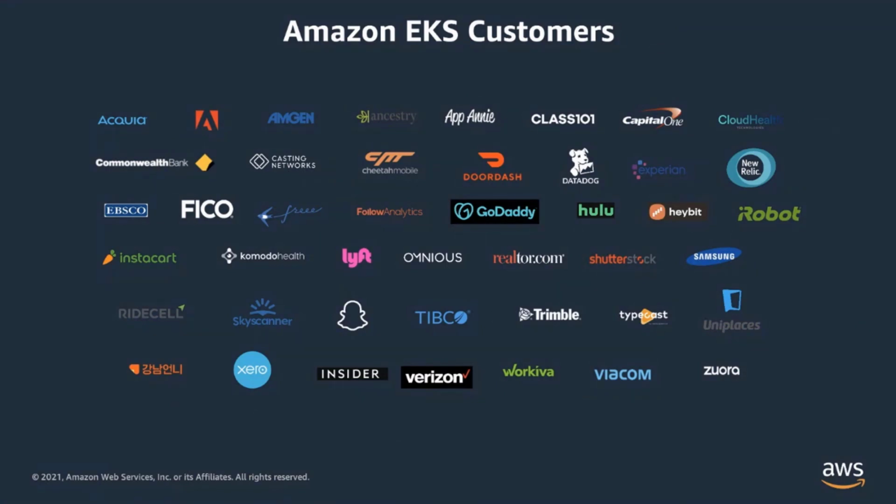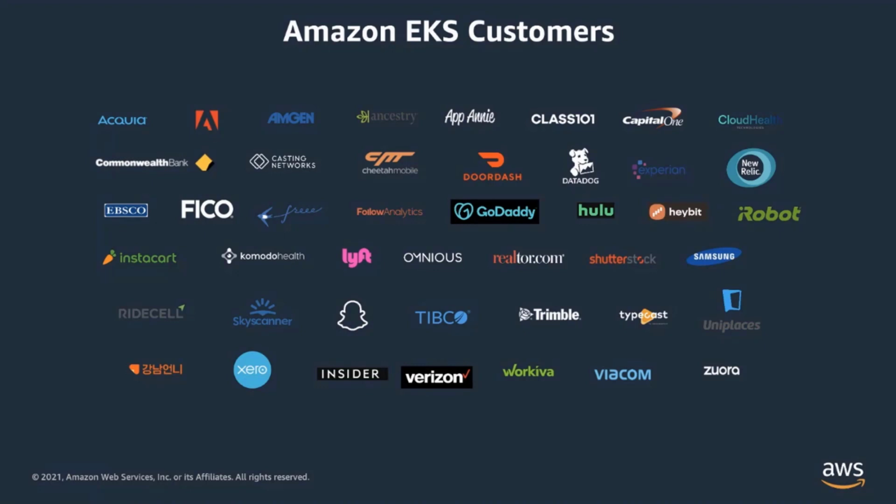Today, we have hundreds of thousands of customers using Amazon EKS who've used more than 1 billion compute hours on Amazon EKS. Whether it is travel companies like Skyscanner, social apps like Snapchat, or ISVs such as New Relic, all of these companies are transforming their operations with containers and with Kubernetes, leveraging Amazon EKS.